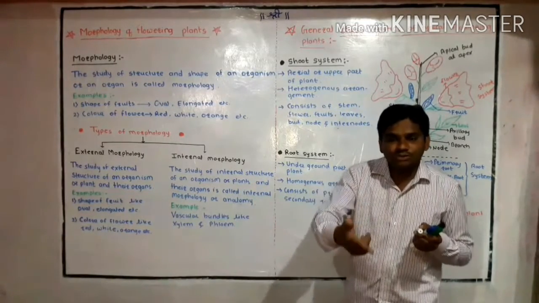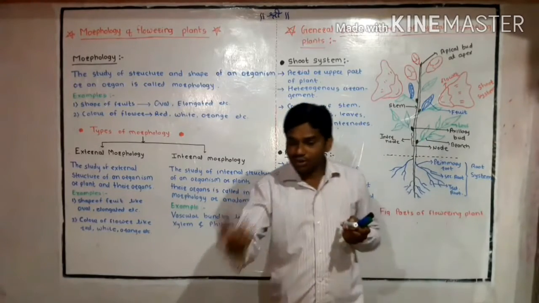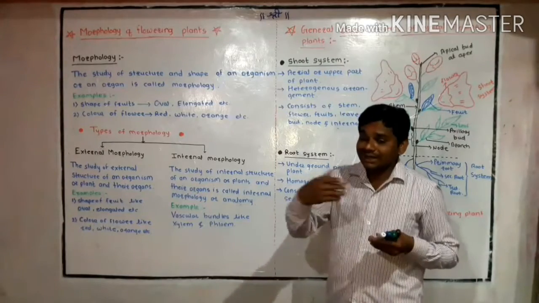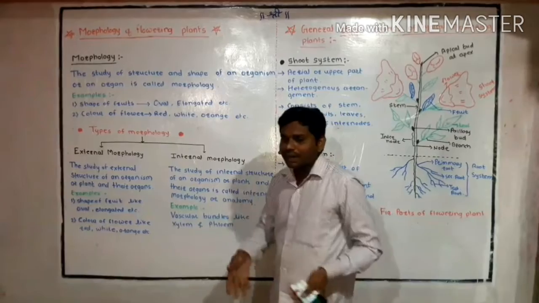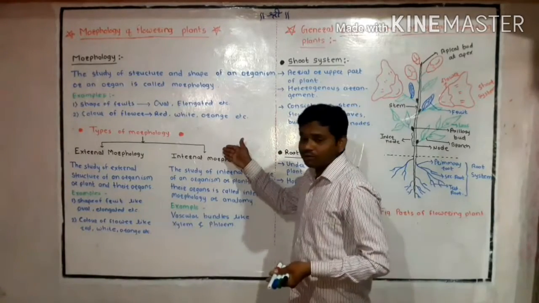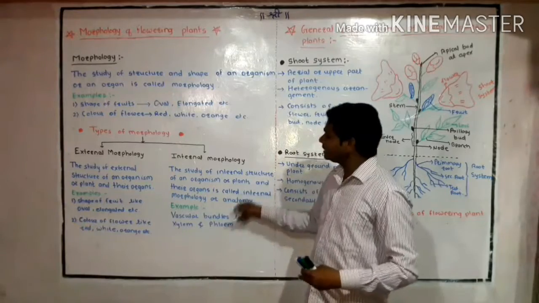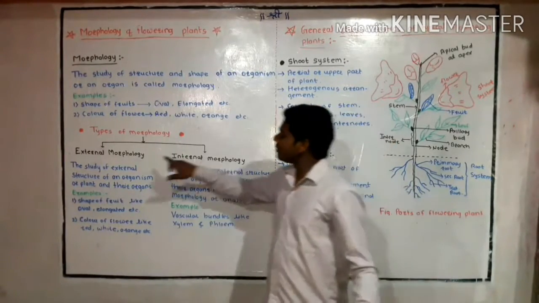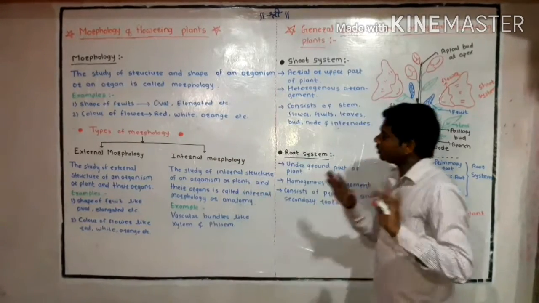The function of the xylem and phloem is to transport food and water from one place to another, and that xylem and phloem is the internal part of the plant. The study of the internal part of the plant is called internal morphology, and the study of the external part of the plant is called external morphology.